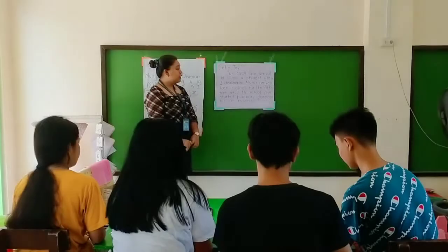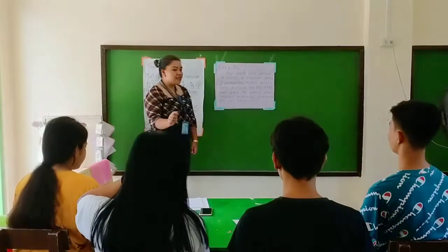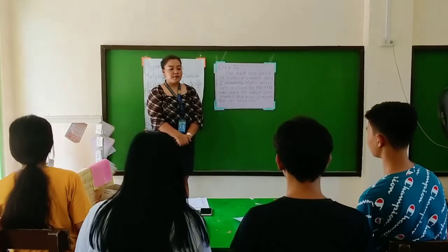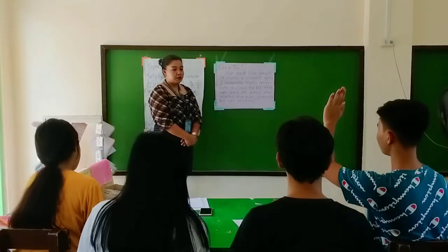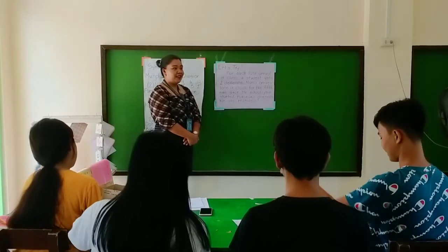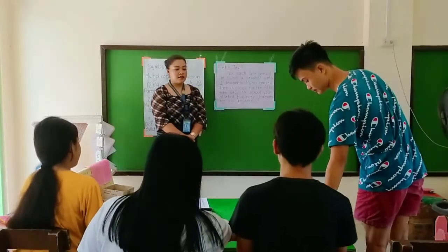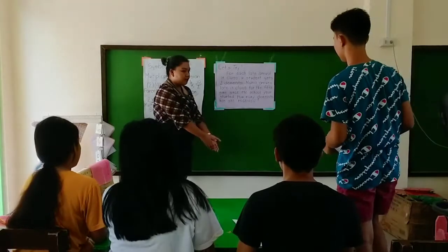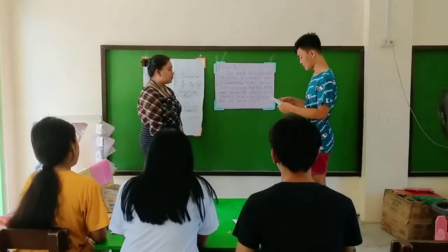Okay, class, are you done answering it? Yes, ma'am. Okay, who wants to answer? And write or show your answer on the board. Okay, Judy Boy again. So what is your answer? Will you please stand here in front and explain your answer? My answer is negative 10.